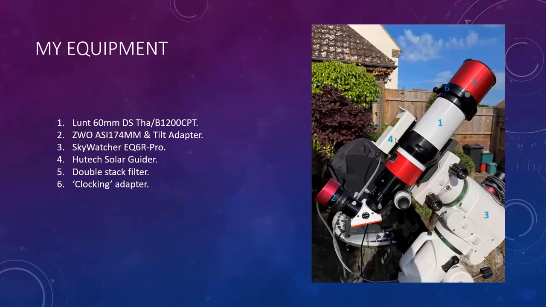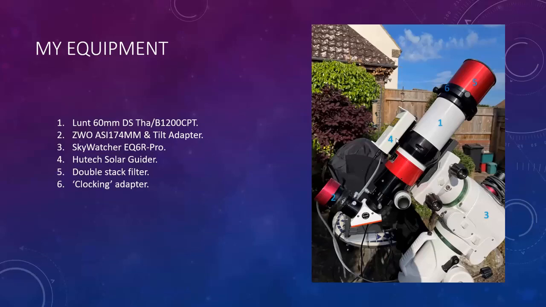Number 4 is something that I've added this year, having said that short exposures and tracking aren't a particular issue. This is a Hinode Hughes solar guider. I bought this because I do a lot of animations. So I will point the telescope at a part of the sun, whether it be a sunspot or a prominence, and I will take something in the region of 100 to 150 images of it.